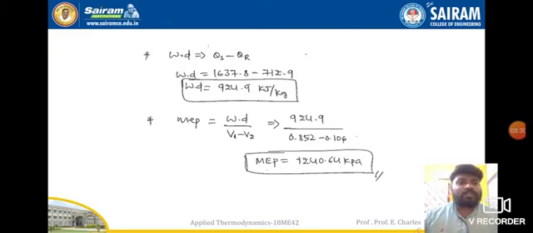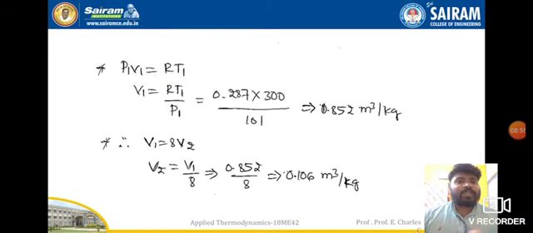So with this we'll find out the work done value. Next thing is mean effective pressure. Mean effective pressure is equal to work done divided by V1 minus V2. Work done we have already found out, and V1 and V2 we know separately. So we'll put the same values and find out the mean effective pressure.